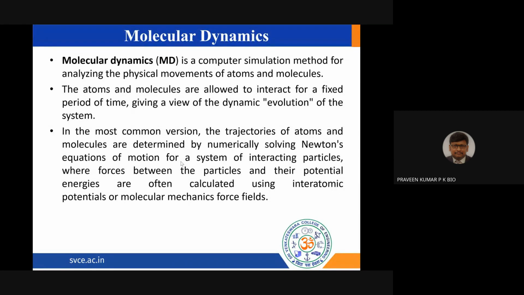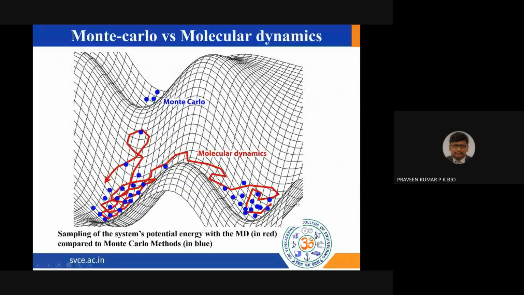Newton's first law, second law, third law. So actually, we generally use Newton's equations of motion based on what type of particle it is and how the movement is happening. Okay, so this is whatever we studied in physics, and it is implemented in MD simulation software to determine the movements.